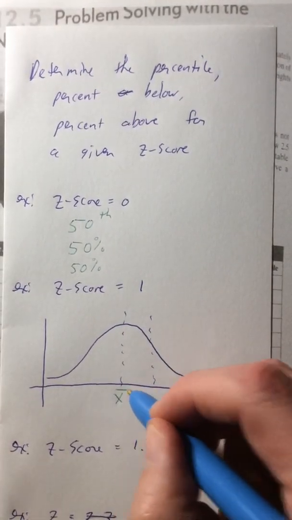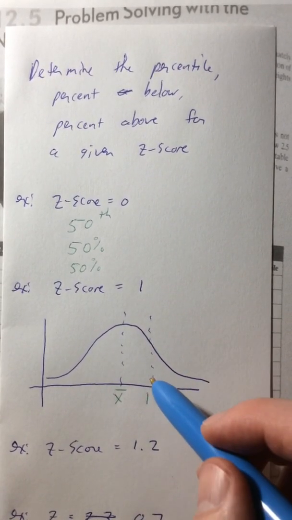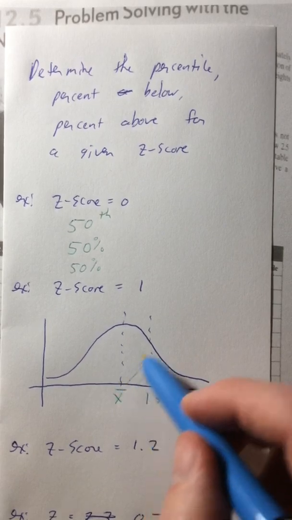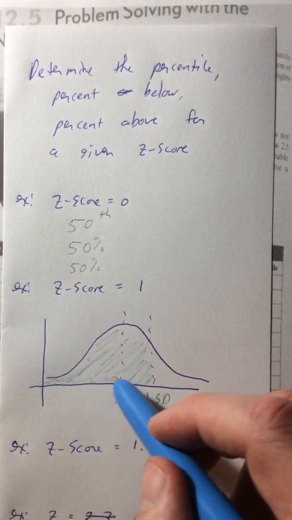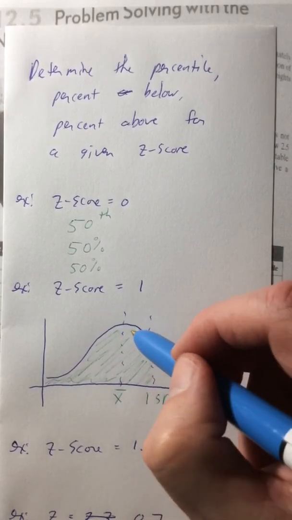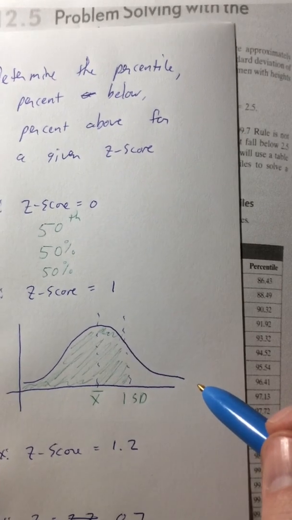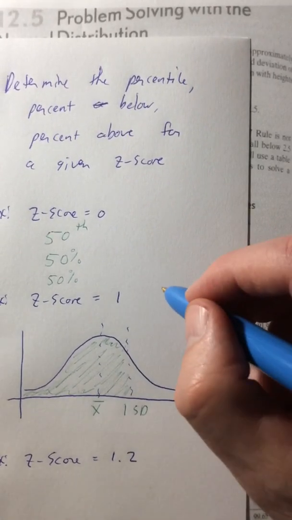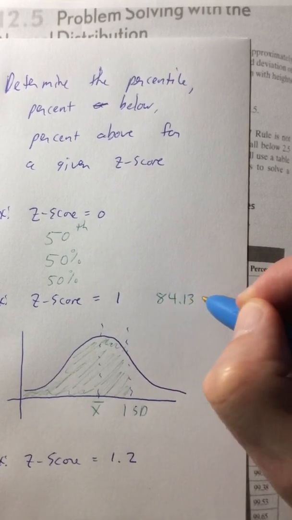Right here is X bar, and here is 1 standard deviation above. So what we're looking for here, the percentile, we're looking for this area right down here. Everything below, all the way down there. We're looking for that area. And as it turns out, we already figured that area out because we just looked it up. So the percentile is the 84.13 percentile.